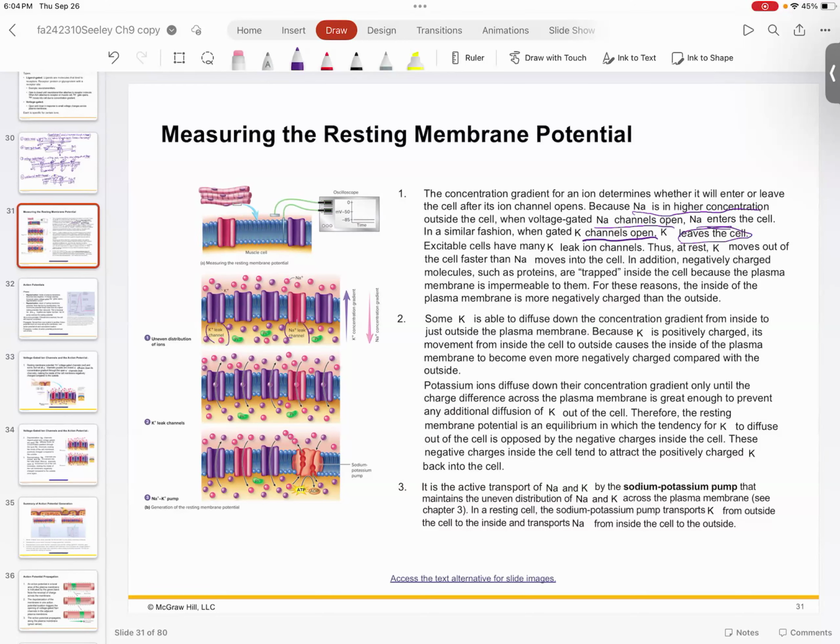Excitable cells like neurons often have lots of potassium leak channels. A cell at rest is one that doesn't have an action potential going through it; it's essentially maintaining its membrane potential.